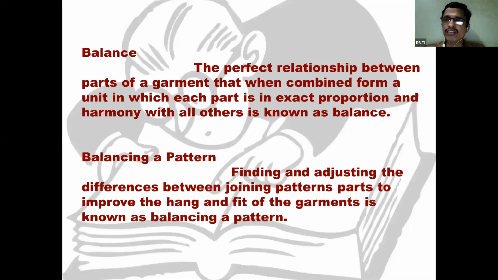Then I prepared the sleeve pattern. While preparing the sleeve pattern, I have to draw the sleeve curve first. Okay. After drawing the sleeve curve, I should not cut the pattern immediately. What I have to do is check the front armhole curve and the back armhole curve.